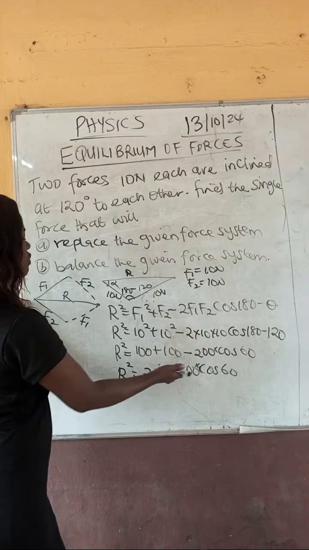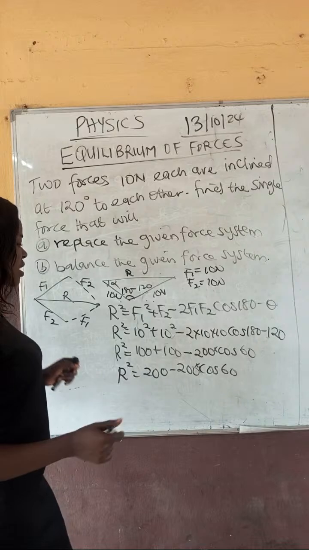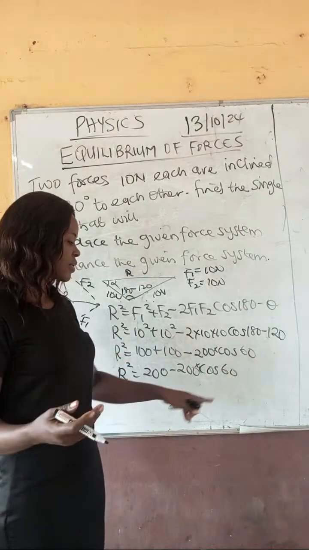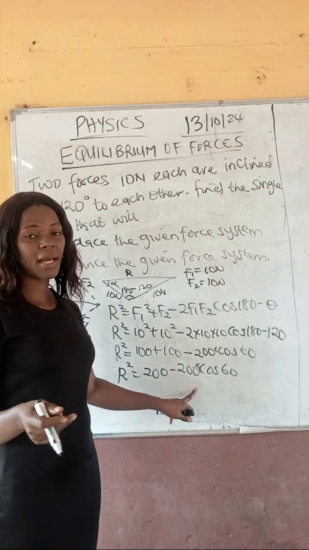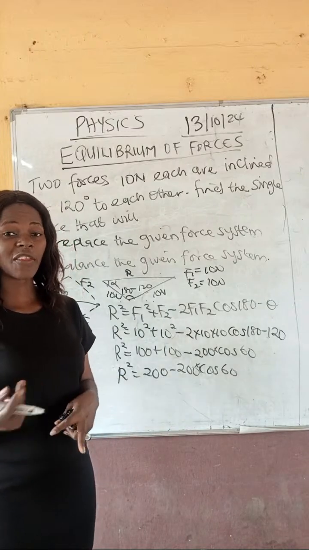So don't just say 200 minus 200 to get 0, you'll be wrong. The best way is to get the cos first, because some of these angles can give you a negative sign. It's until you multiply that you will know whether you're going to add this 200 or subtract from it.